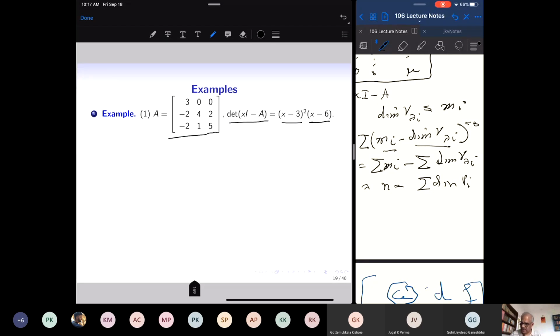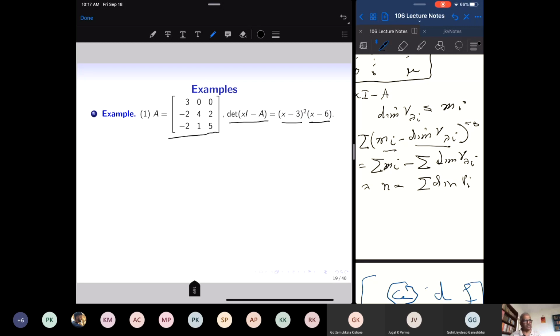So we have factorized. We may not be able to factorize all the time. If I consider my matrix over the field of complex numbers, then of course the characteristic polynomial will split as a product of linear factors. But if my linear transformation is over a real vector space, then the characteristic polynomial may have some complex roots, like the rotation matrix.